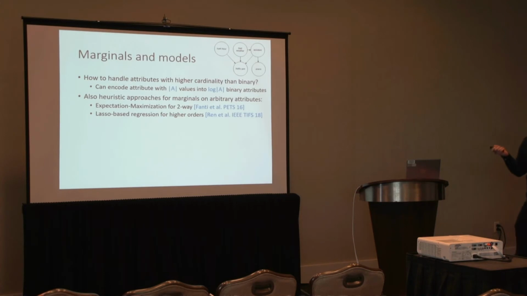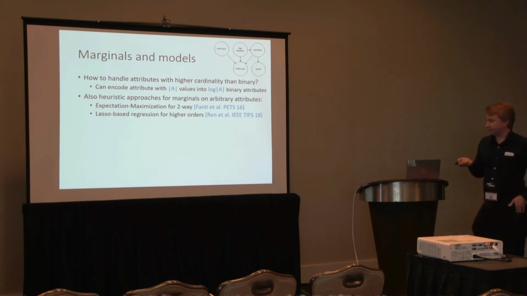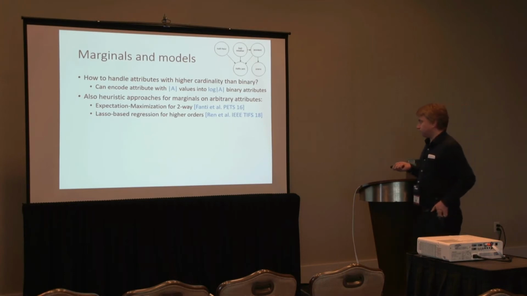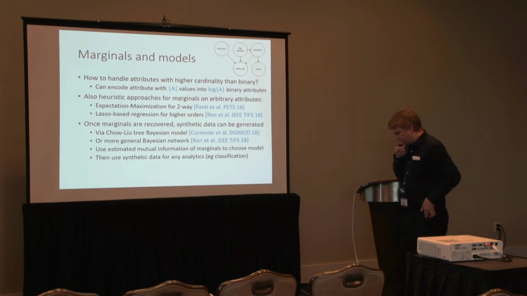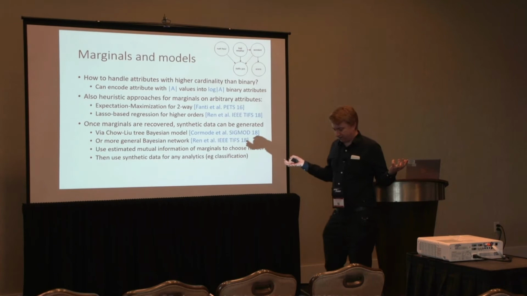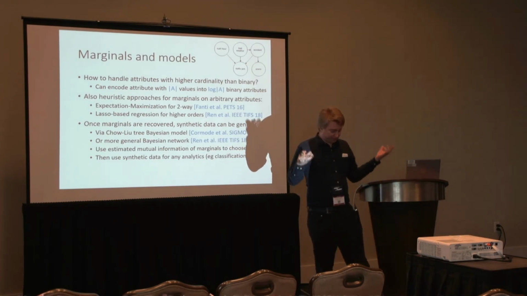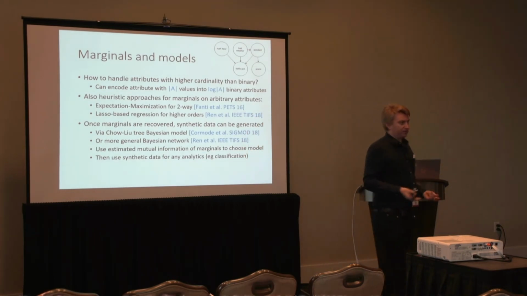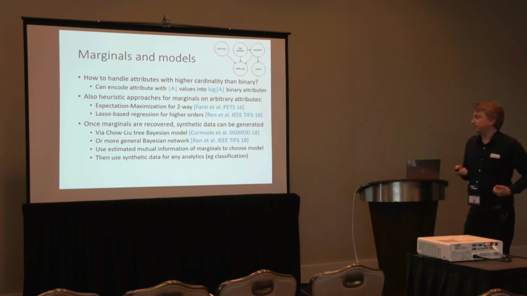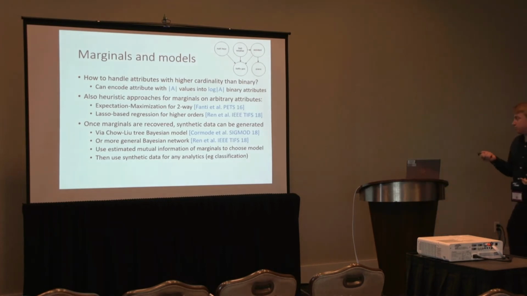I think it's fair to say these are both somewhat heuristic, but somewhat effective in practice for building marginals. And then you might say, well, why do I want these marginals anyway? One reason is just because they're interesting statistical properties of your data from your population. But more generally, you can use marginals as a key component in building a model for your whole data set, right?